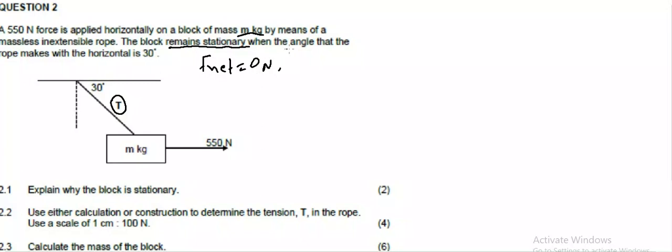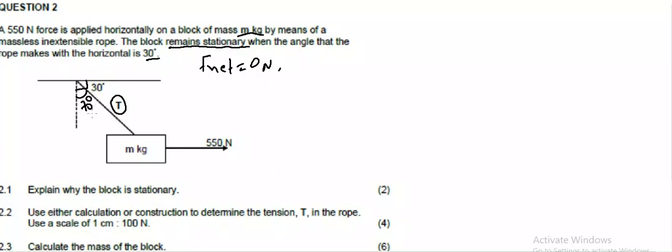The angle that the rope makes with the horizontal is 30 degrees, but we will use the angle that is between the vertical and that force, that T, or that rope. So we need to know the angle here. We know that the angle here is supposed to be 90 in total, which means here is 90 degrees minus 30.